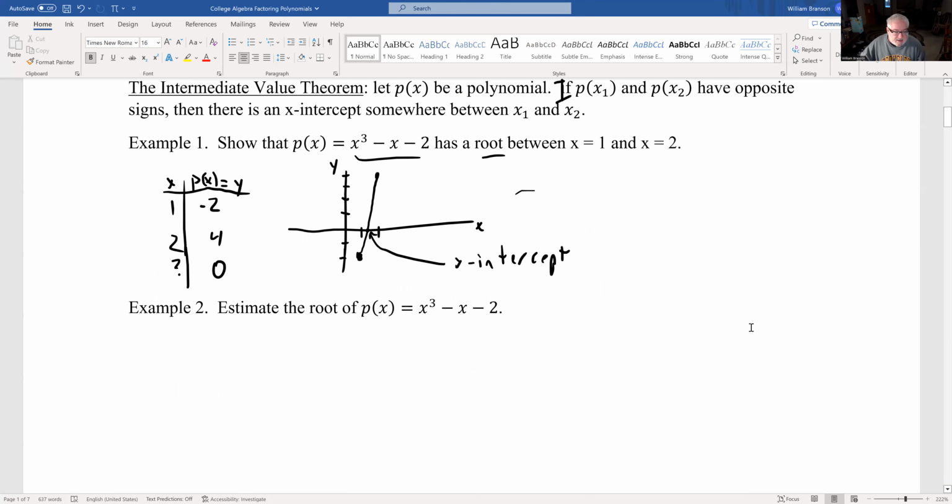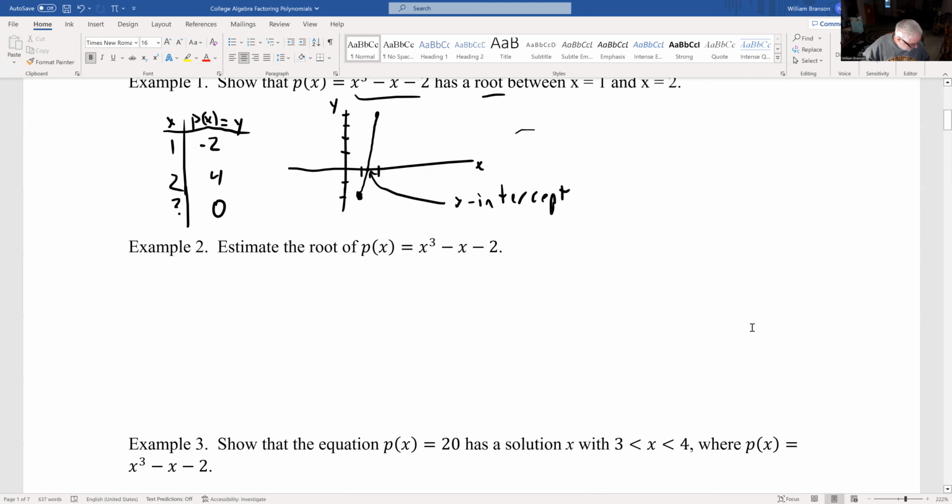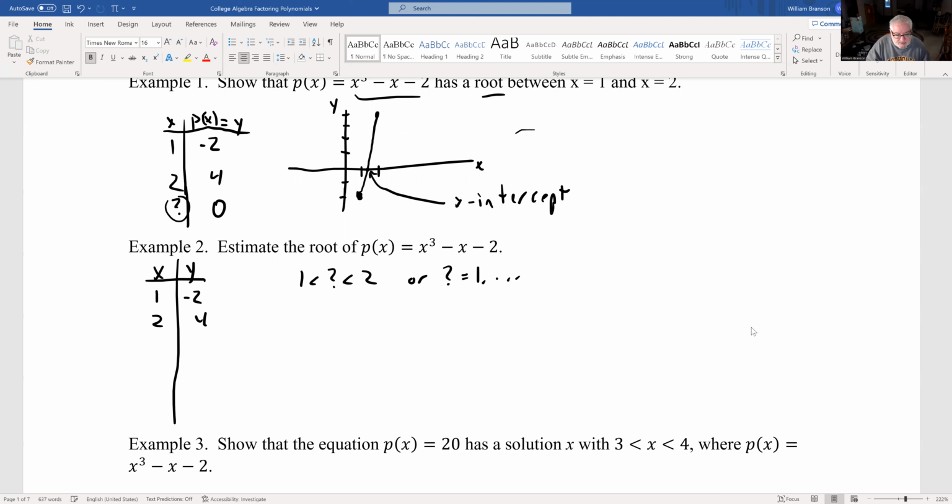So how can we actually estimate the root of this? Well, once we draw this table, x, y, 1, minus 2, 2, and 4, the root that we're after is between 1 and 2. So it's going to be 1 point something, something, something, whatever the decimal is.